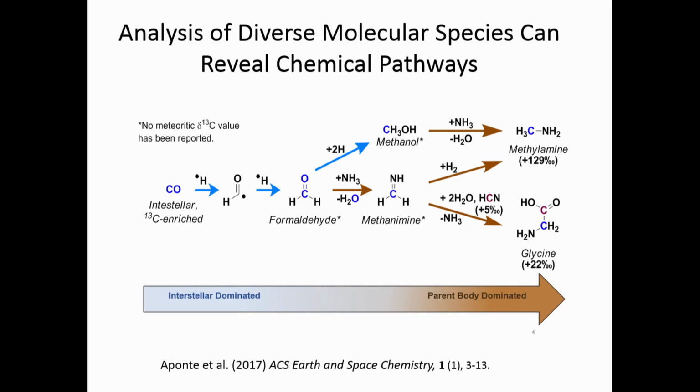And so by trying to understand the abundances, the isotopic ratios of all of these different compounds in different environments, we can try and understand if these pathways were happening, in what conditions, in what environments. How did you get from the simple interstellar molecules to the more complex organics? And some of this might have happened in parent bodies in the solar system.